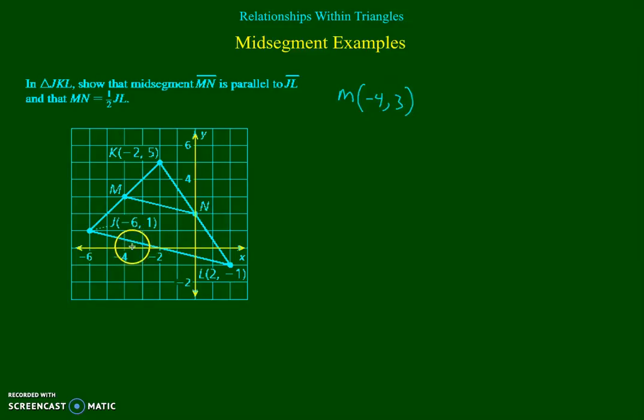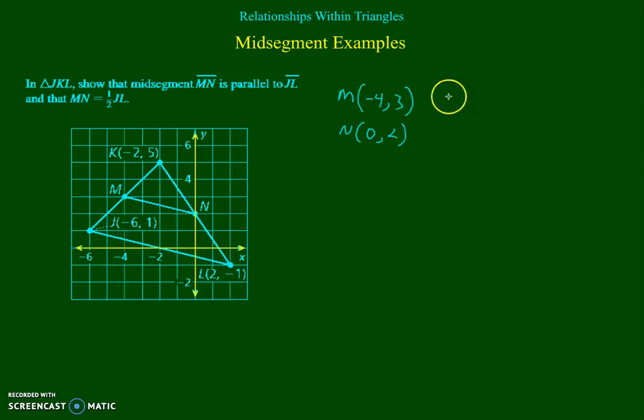So we're at -4 and 3. And N looks like 0, 2. So N is 0, 2. And J and L have coordinates that are given to us.